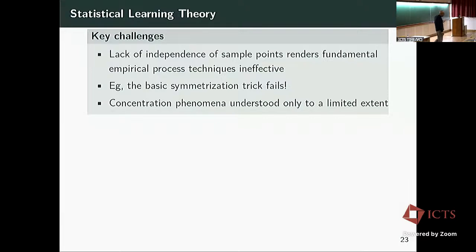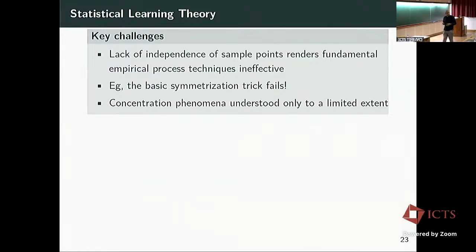One key aspect of classical statistical learning theory is that although it is very well developed and sophisticated, it almost exclusively focuses on independent samples. This is a crucial bottleneck, and the lack of independence of sample points actually creates a huge problem. In particular, even very fundamental techniques from empirical process theory, such as symmetrization, fail.